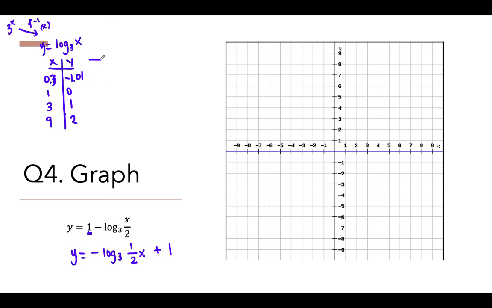Okay. And then what we can do is, why don't we plug in everything into a mapping rule this time? So the transformation's done here. It looks like k is 1 over 2, so we're going to flip it. So it's 2x, and for y, it's going to be -y plus 1.